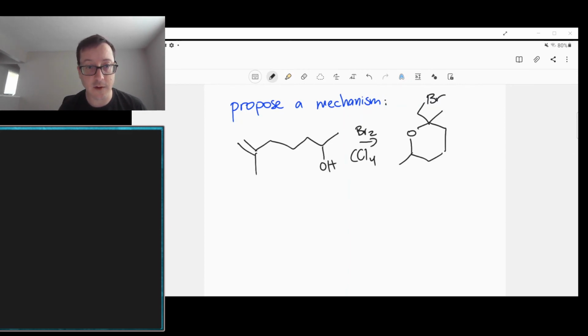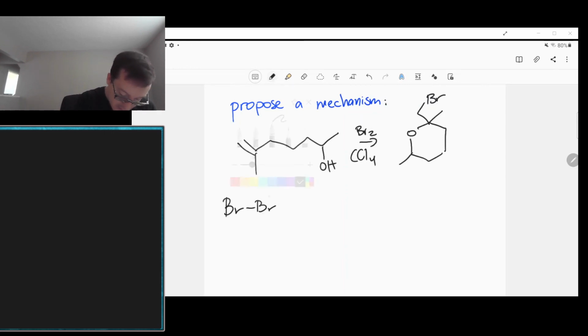CCl4, just a solvent. Carbon tetrachloride, just a solvent. Br2, though, we know what Br2 will do to this molecule. So, if we're doing a mechanism, we have to show all of the steps, right?